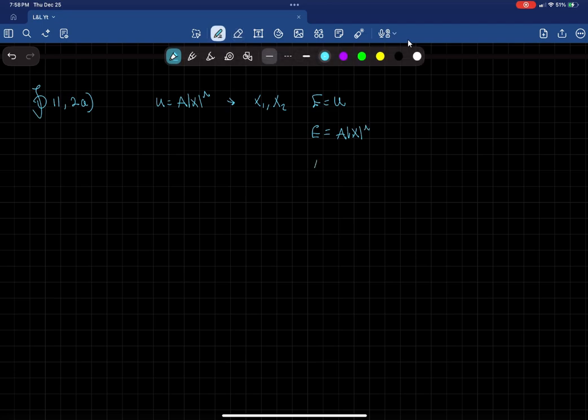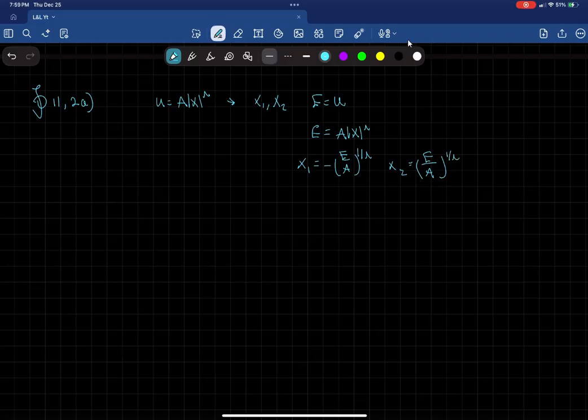Thus, our x is equal to E over A to the 1 over n. And the same goes for our x2. So our x1 would be the negative variant of this, and our x2 would just be the positive variant, E over A to the 1 over n.